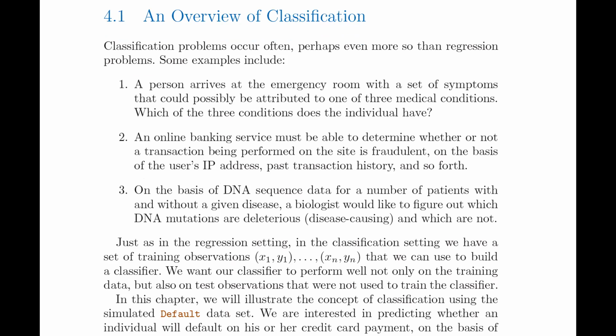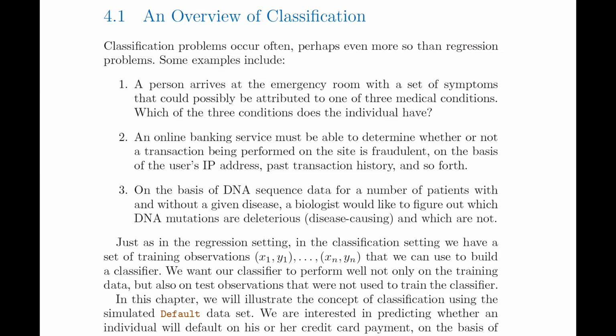Which of the 3 conditions does the individual have? 2, an online banking service must be able to determine whether or not a transaction being performed on the site is fraudulent on the basis of the user's IP address, plus transaction history, and so forth.